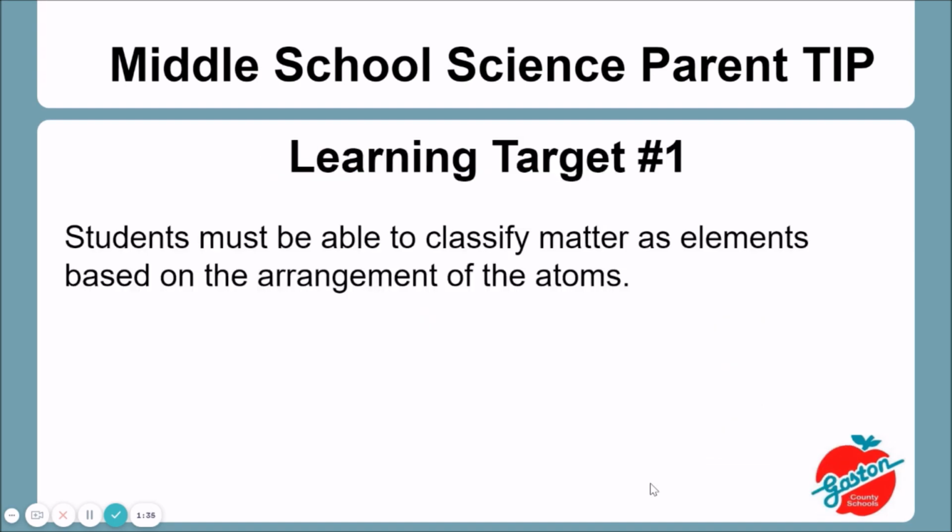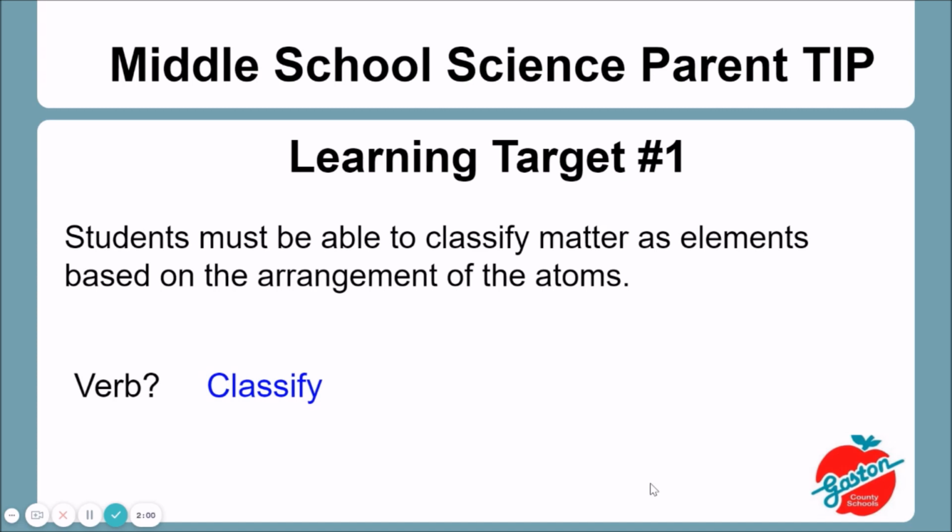Here is an example of a learning target. Student must be able to classify matter as elements based on the arrangement of the atoms. What is the verb in this learning target? What is it we want students to know and be able to do? Well, the verb in this case is classify.